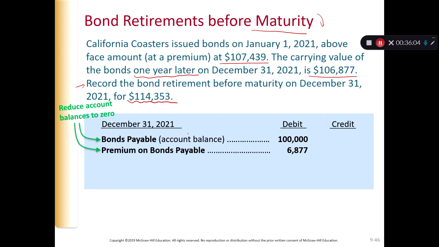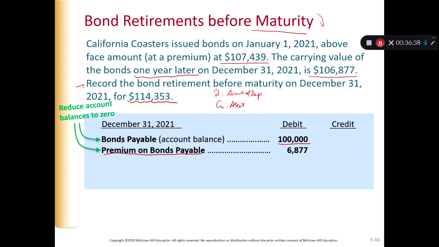First of all, we want to reduce the account balance to zero. Remember, when we retire an asset, we want to credit the asset, and we also debit the accumulated depreciation associated with that asset. Same idea. If a bond is issued at a premium, the bond payable is recorded at 100,000. At the same time, the premium on bond payable is like a sister; they stick together. These two always exist together.